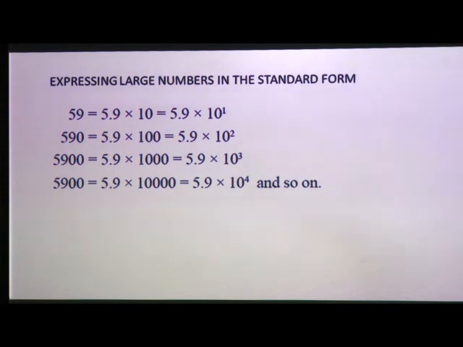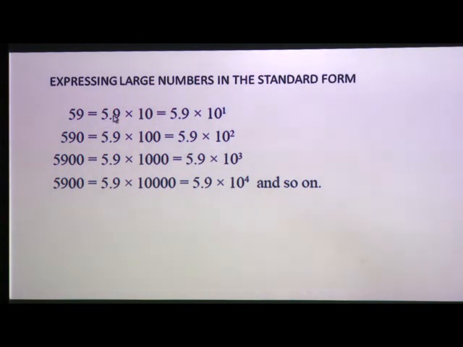Now, express the large number in standard form. We have written the expanded form; now we have to write in standard form, which we will learn in this chapter. 59 is written as 5.9 into 10, which is equal to 5.9 into 10 raised to power of 1. You know 59 upon 10 means what?